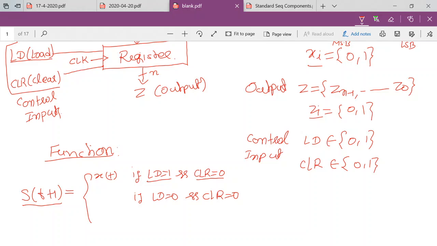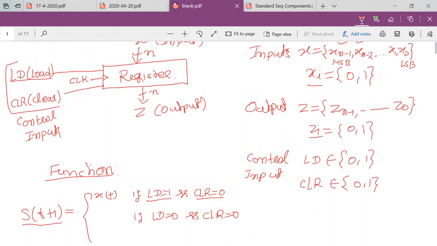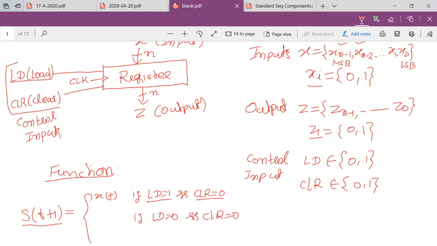Whatever the previous value. That means whatever Z is will remain the same. A new value, or the value X, will not be loaded, right? So whatever s(t) is, it will remain s(t+1). Fine. So that means Z will not change. If you write it down, the output will not change.